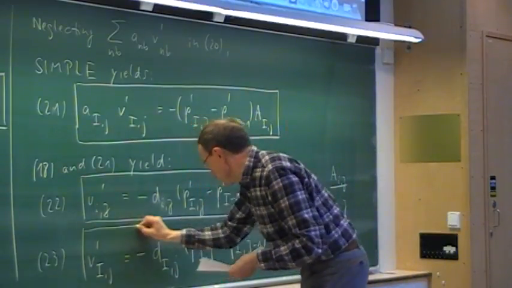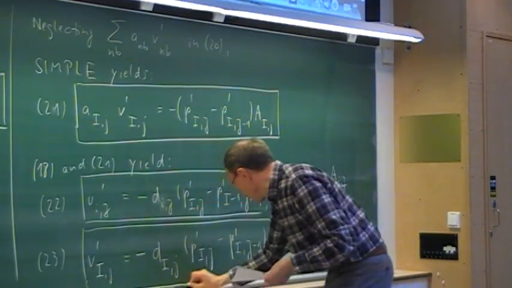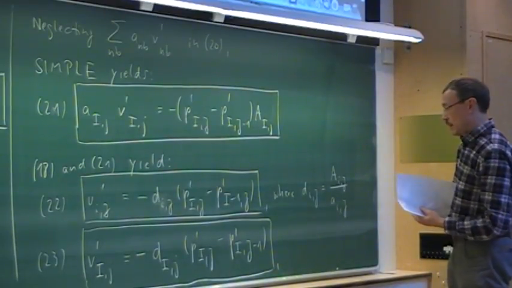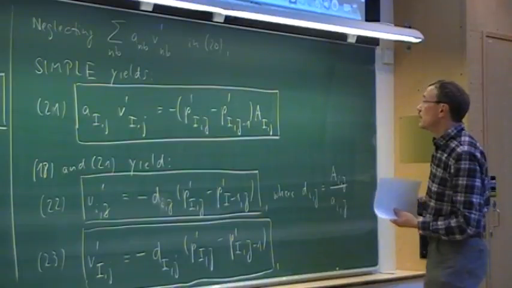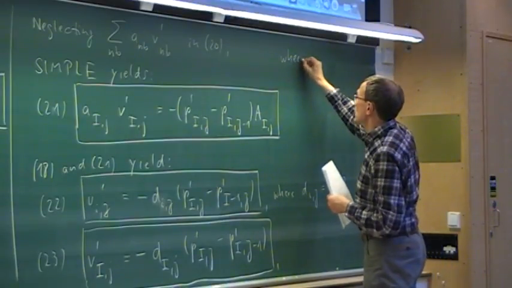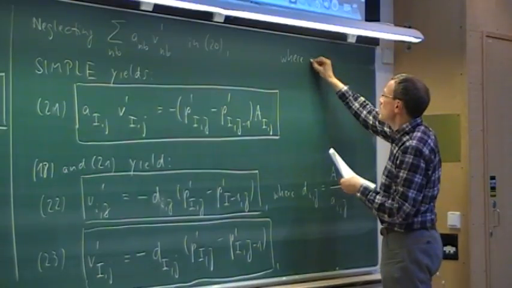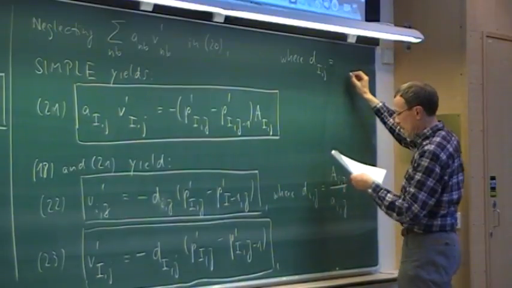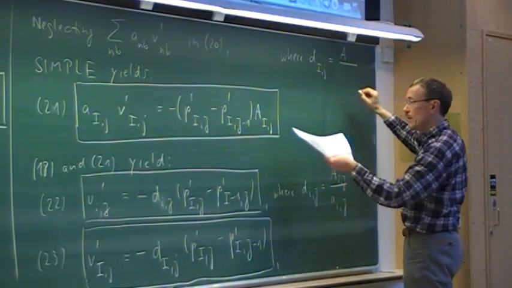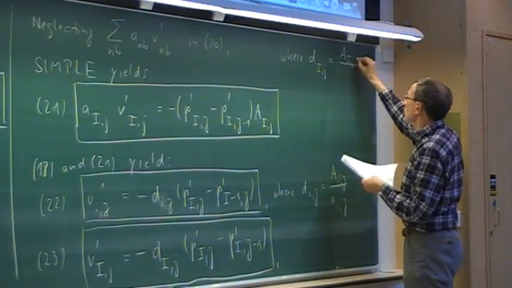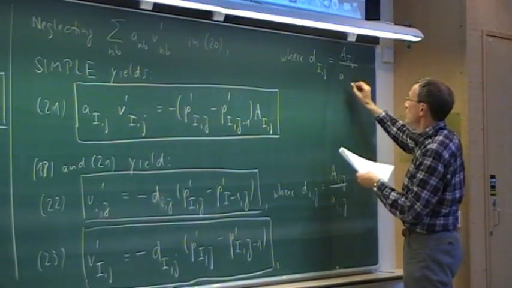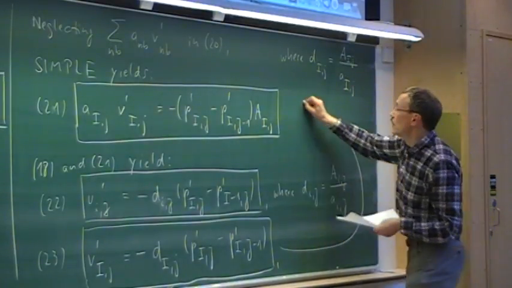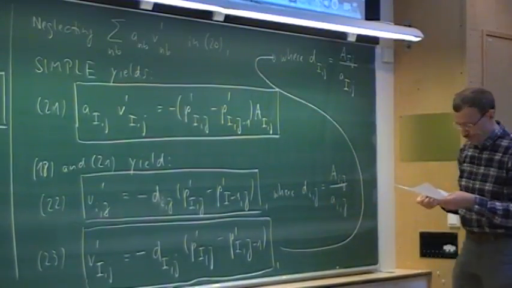So that is again that direction. And here the D, let me write that here so you can see it better, where the D I J is equal to the area that we have here divided by the center coefficient, A I J. So that is related to that.